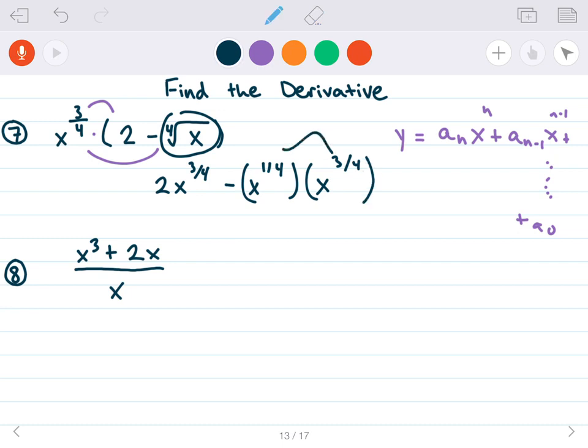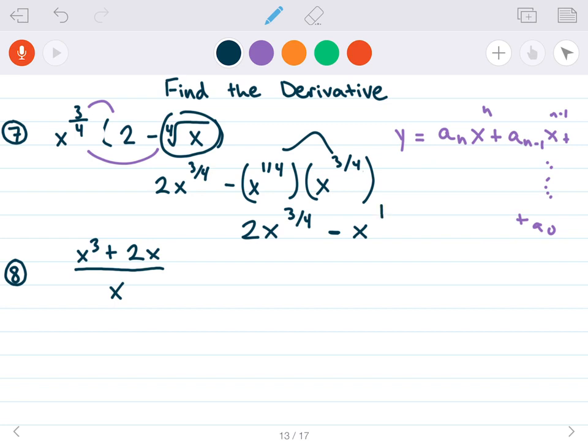We keep the base and we add the exponents, right? So this is going to give us 2 x to the 3/4 minus x to the 1/4 plus 3/4, which is 4/4, which is 1.